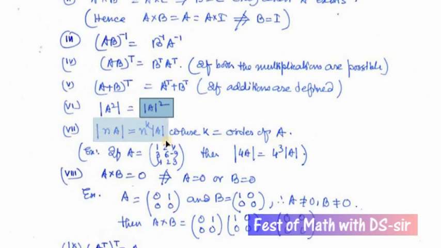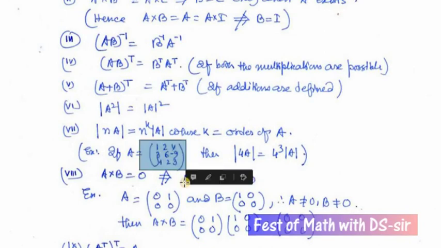Next, very important result. I explained it with an example. Now see, determinant of NA. A is a square matrix which is multiplied by N, so the determinant is N to the power k into determinant of A. Why N to the power k? Come to the example. This A is a third order determinant. If you multiply A by 4, all elements will be multiplied by 4.